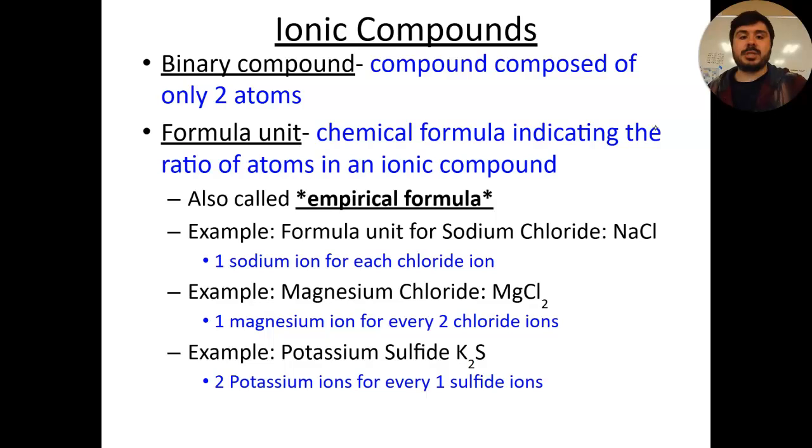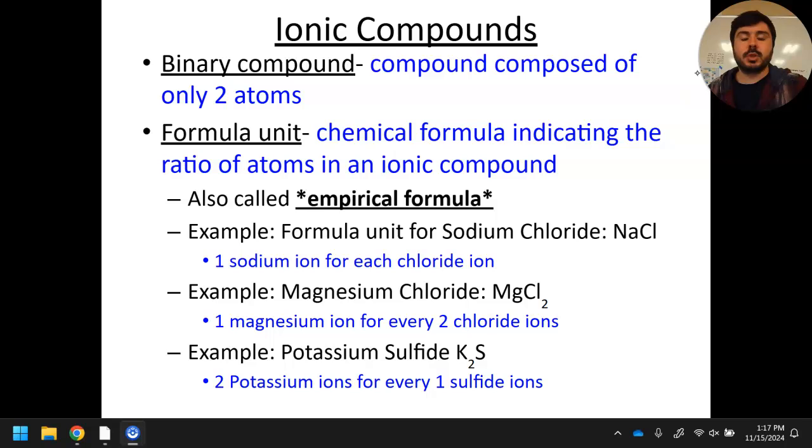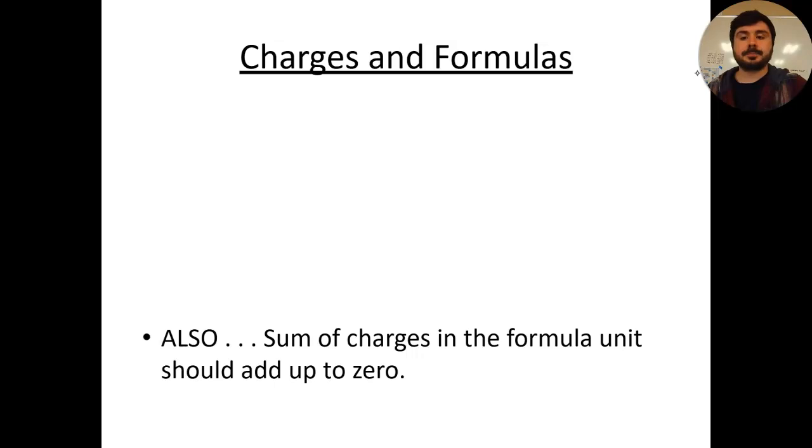Magnesium chloride, MgCl2, tells us that for every one magnesium ion you have, you've also got two chloride ions, which is distinct by looking at this little 2 present right here. This little 2 tells us exactly how many chloride ions we've got. Same with potassium sulfide, which is K2S. That tells us we've got 2 potassium ions for every 1 sulfide ion.